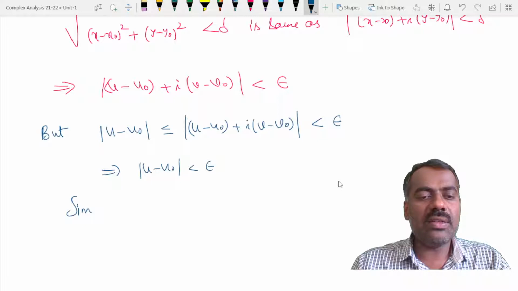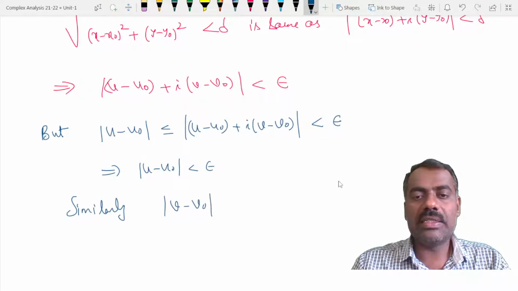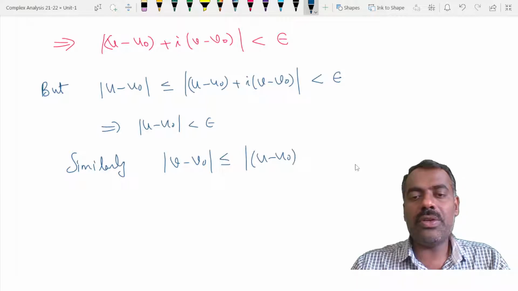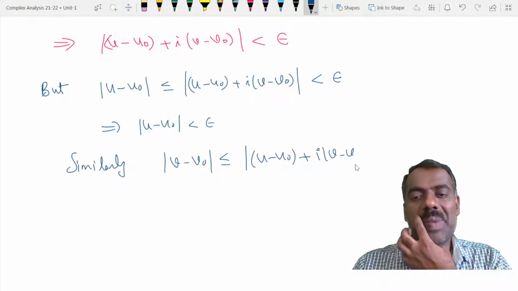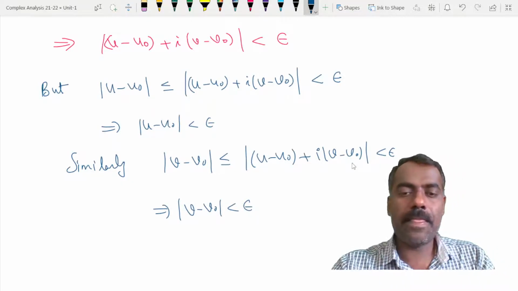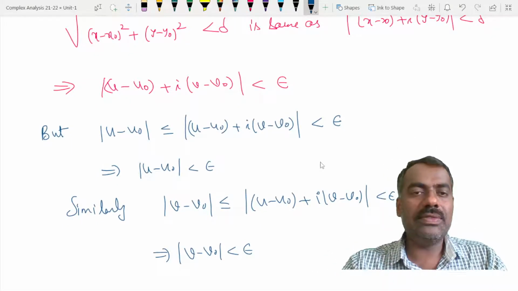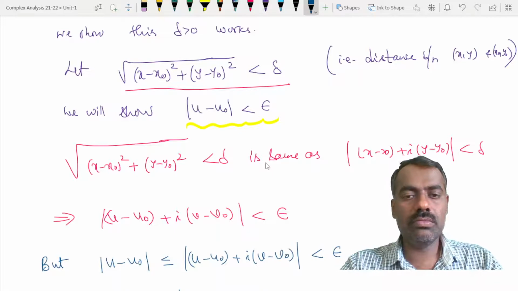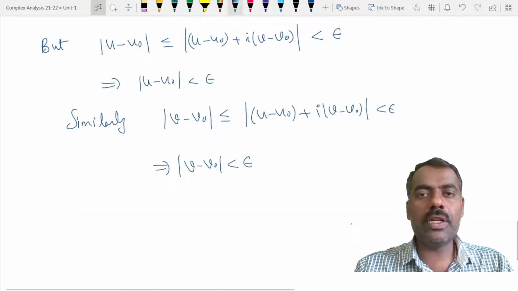Similarly, we can prove mod v minus v naught is less than or equal to the same element, which is less than epsilon. This implies mod v minus v naught is less than epsilon. Very simple one we have elaborated. Is this clear? What about the converse?